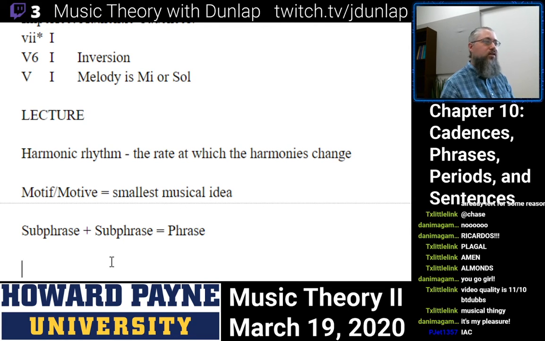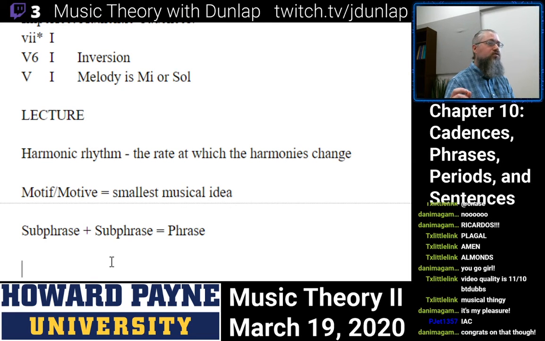Now, if we're not looking at the actual melody, which would be a perfect authentic, and we look at just the piano, that'd be an imperfect authentic cadence, but it's only a subphrase. So we've got to finish out the phrase to find what type of cadence. Sorry, I've got sensory overload right now. So we've got to keep going.